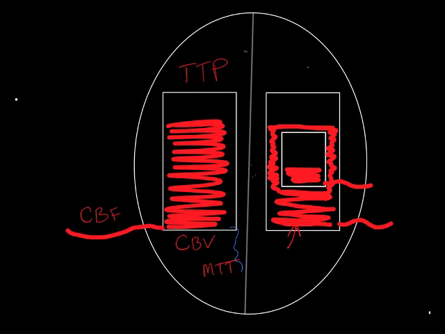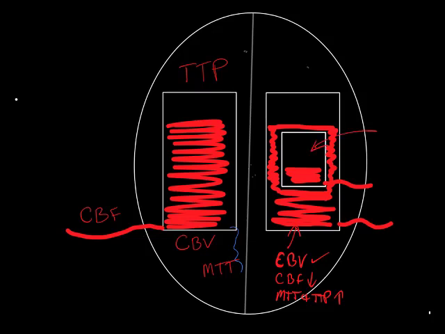So in this case, in the periphery, you have normal cerebral blood volume, decreased cerebral blood flow, and MTT and TTP, time to peak, are increased.